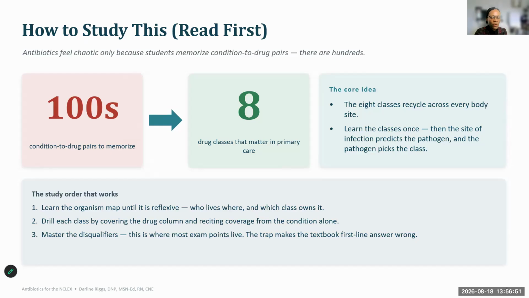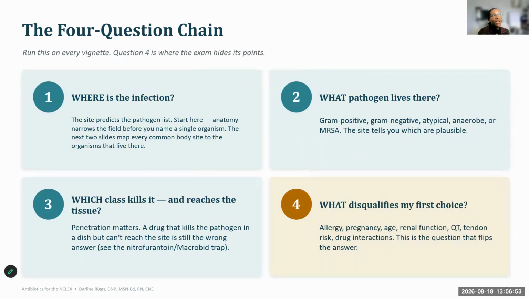So work on this. Now, there's 4 what I call question chain to keep in mind whenever you're dealing with an antibiotic question. So you want to run this each time. Number 1, ask yourself, where is the infection? I'm going to go over that next. Okay.